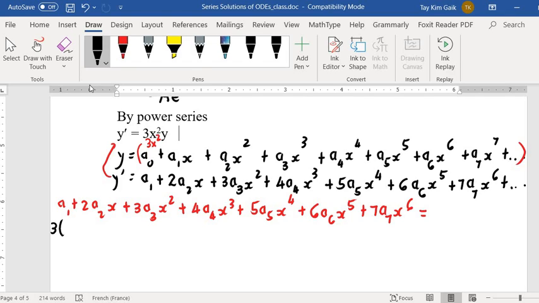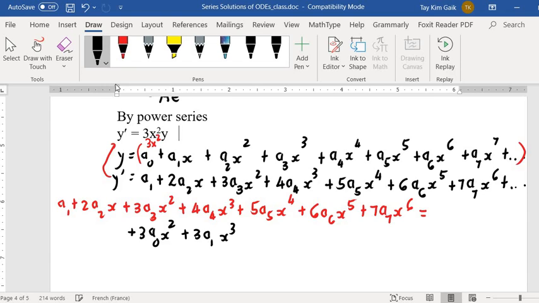So we have 3x squared times y. This term times 3x squared gives 3 a0 x squared. This one times 3x squared gives 3 a1 x cubed.